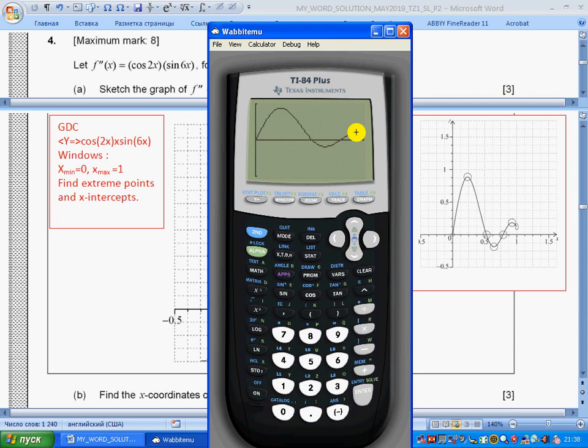You need the minimum and maximum, the second maximum. Let's find, for example, the first maximum. Second trace, maximum.